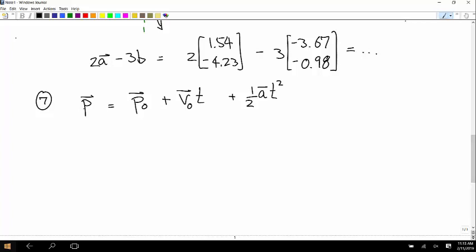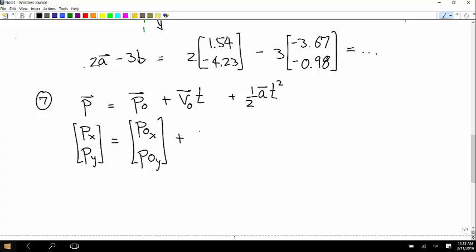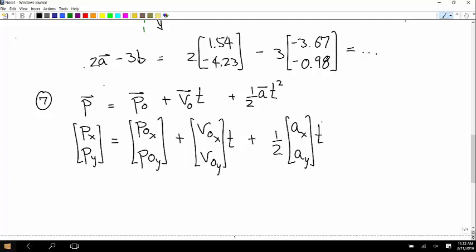And now we're going to rewrite this equation in terms of the components. So P, I'm going to rewrite as Px, Py, and that's equal to P0x, P0y plus V0x, V0y times T plus 1/2 times AX, AY times T squared.